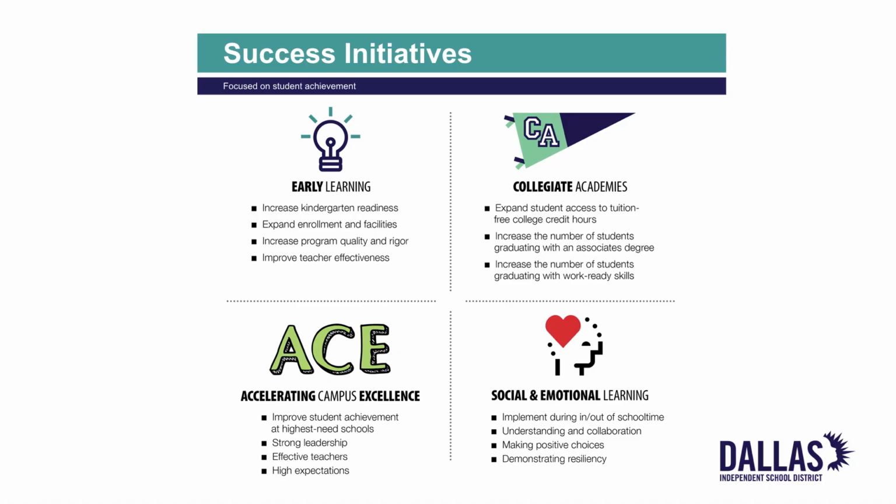And then finally, thanks to a grant from the Wallace Foundation, we're able to plan and implement a social emotional learning program. And if you're not familiar with that buzzword, it's just a whole collection of strategies and innovations that we're implementing to really help students that come in with a lot of emotional baggage and the stresses that they come to school with, to help them learn how to handle those and how to relate well with one another.